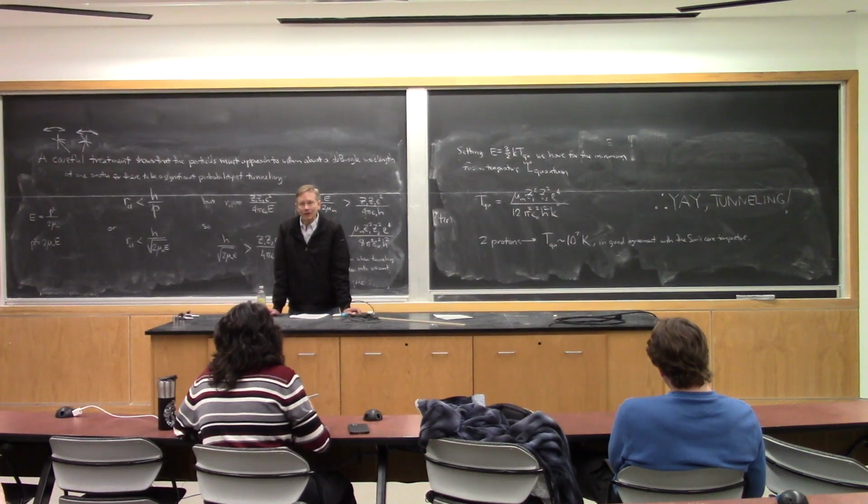T sub QU we're calling the temperature for fusion if we take quantum mechanics into account. It's not literally a quantum mechanics temperature, it's our estimate of what temperature is needed for fusion when we take into account quantum tunneling, T QU for short.